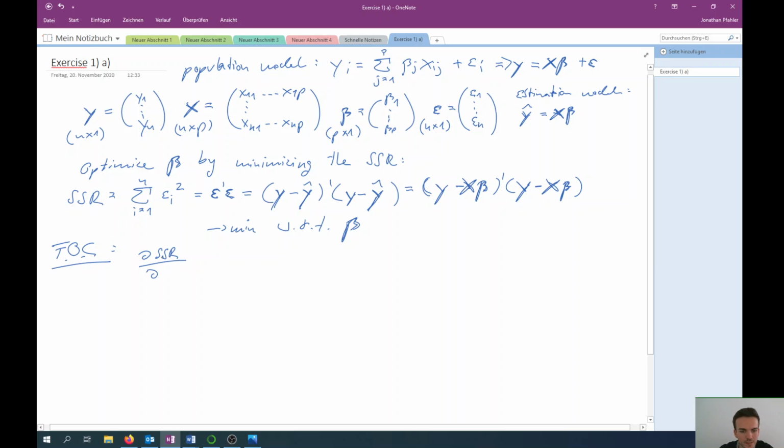So let's take the derivative of the SSR with respect to our betas. That is equal to the derivative of, and let's now multiply this out, so we will have it easier when we take the derivative.